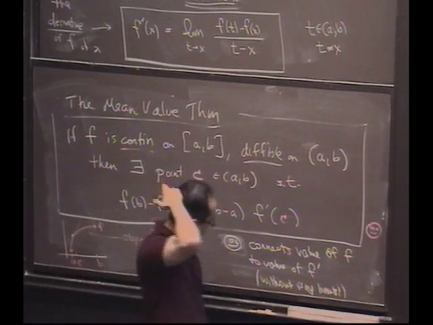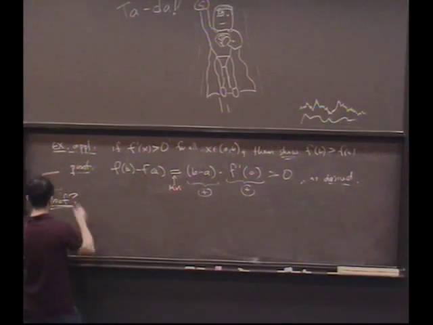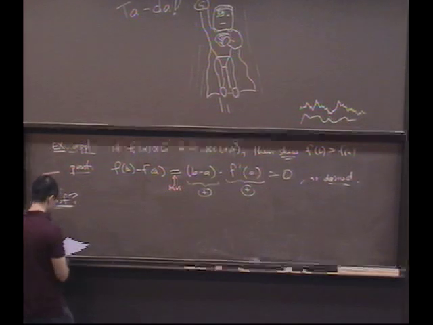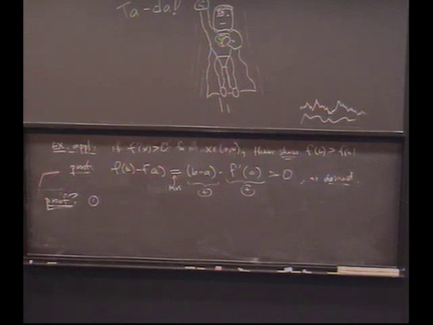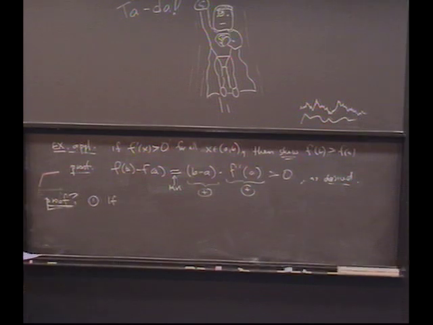Okay, so how can we get our heads around this idea? Here's a way to go. The first thing is, let's just look at a special case. Let's turn this picture on its side.